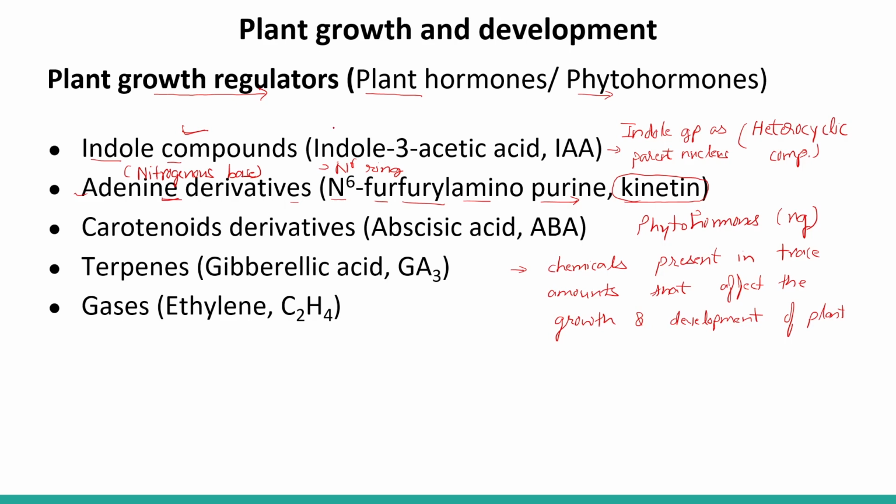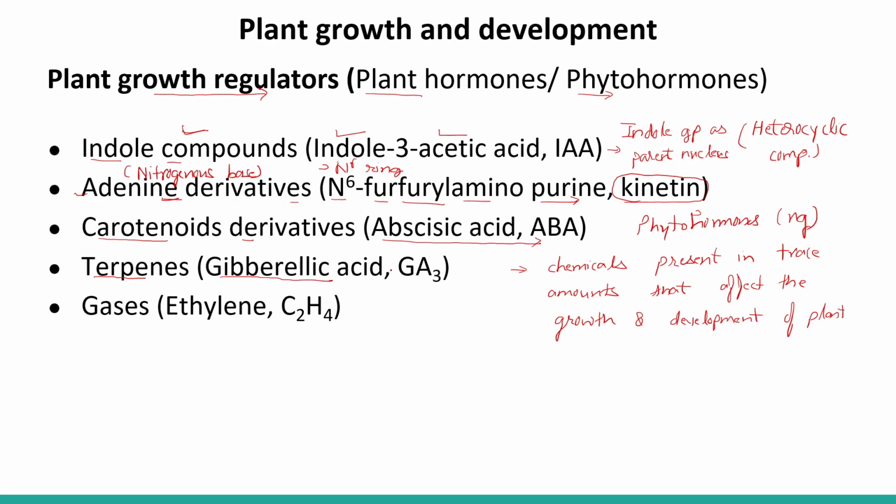Example of indole compound is indole acetic acid. It consists of an indole group. Now third one is the carotenoid derivative. Example is abscisic acid present in plants. Next one is the terpene derivative. Example is gibberellic acid.